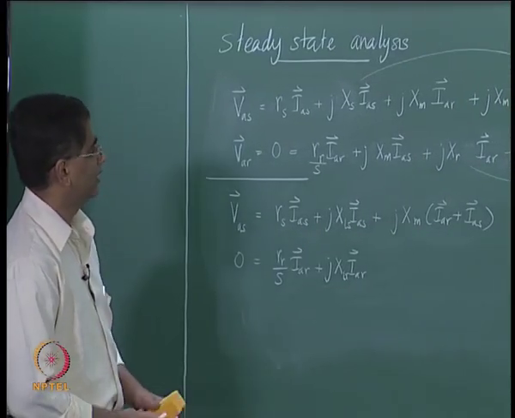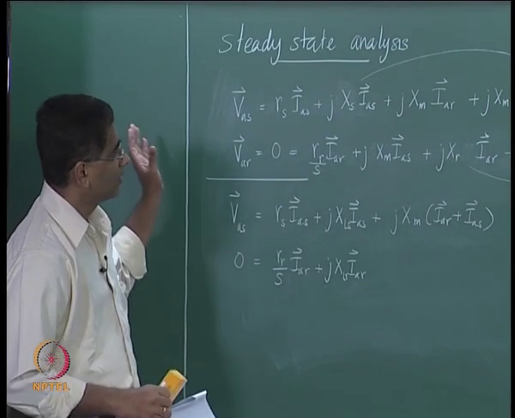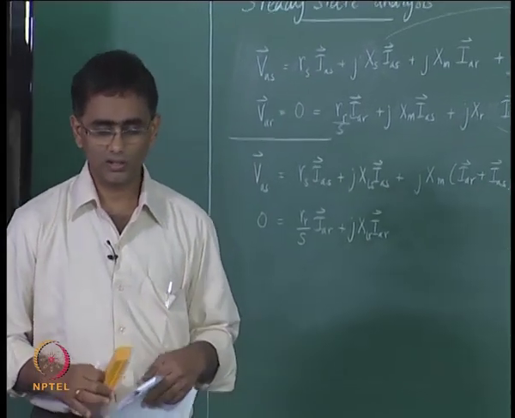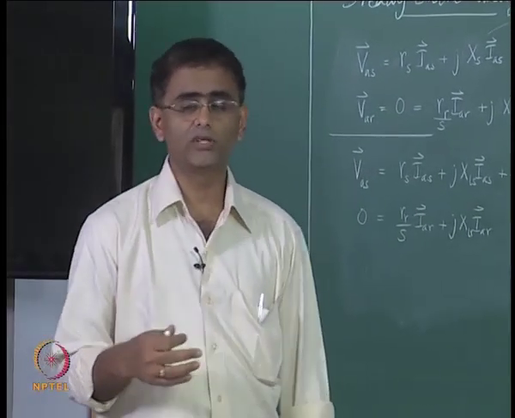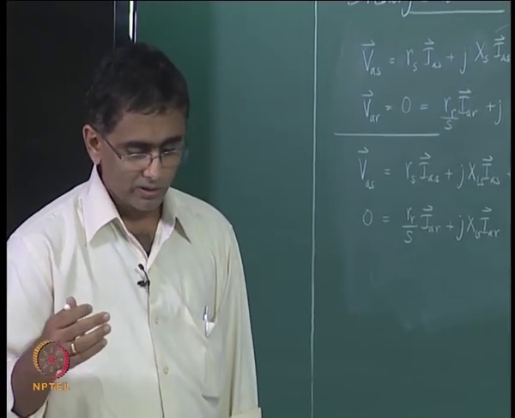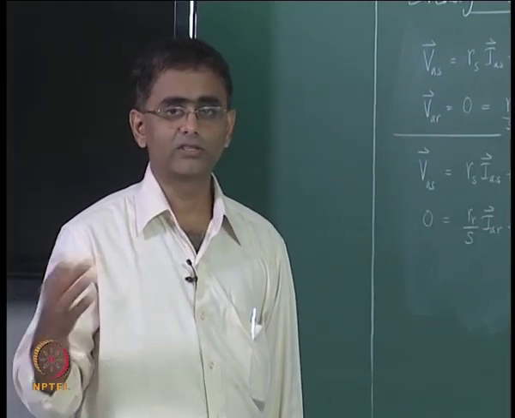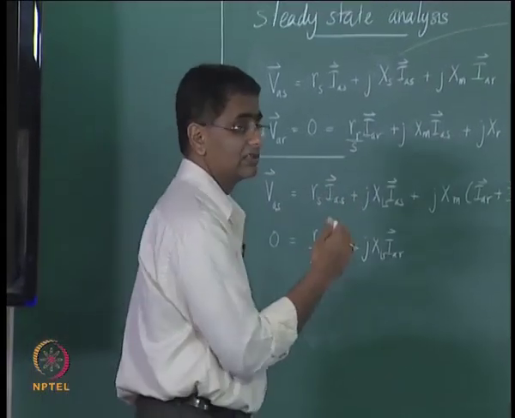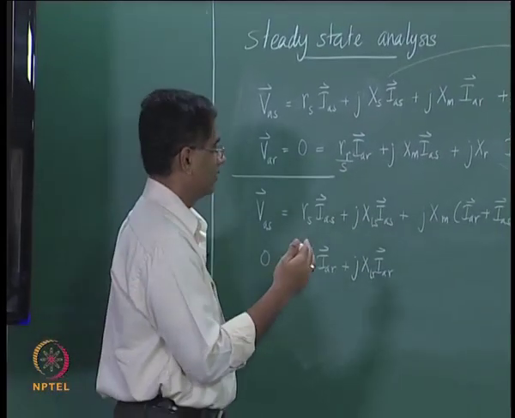Again remember, at the outset when we started with the synchronous reference frame machine equations, we had already referred everything to the stator, and therefore all these terms are stator turns referred entities.